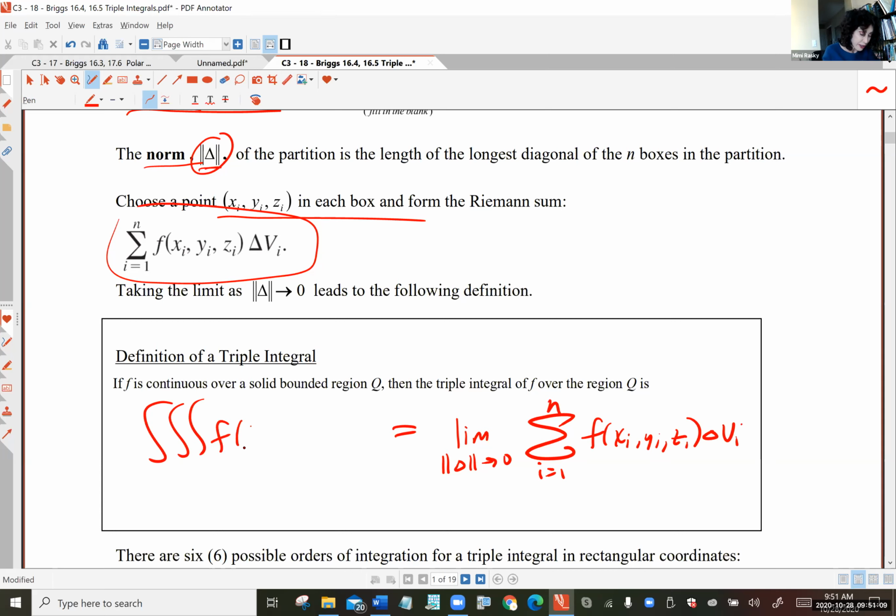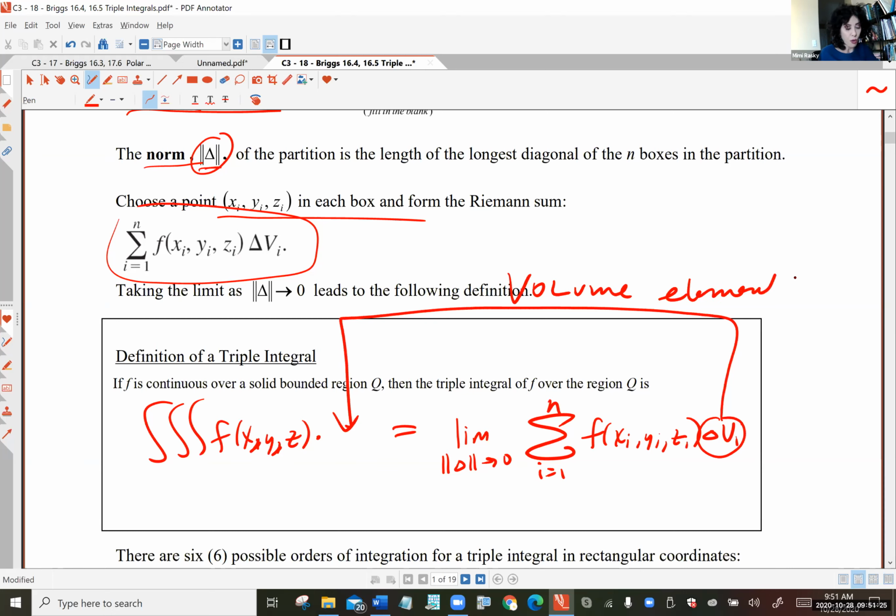The f of x sub i, y sub i, z sub i simply turns into f of x, y, z, times the volume element. In rectangular coordinates, since it was derived from delta x sub i, delta y sub i, delta z sub i, that's going to be dx dy dz, although we'll use the generic form for now.